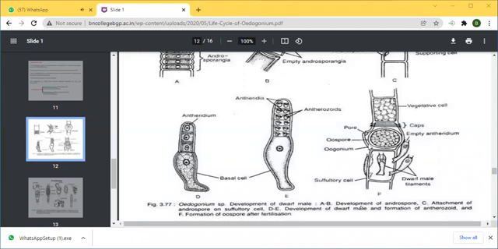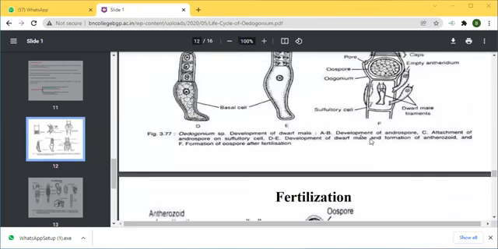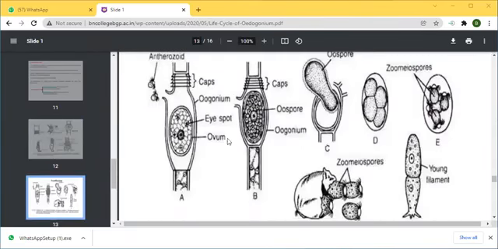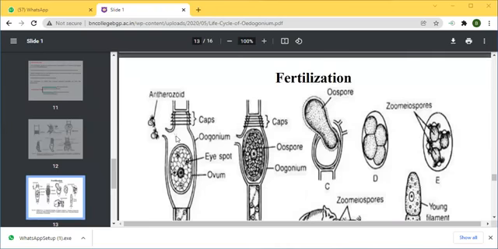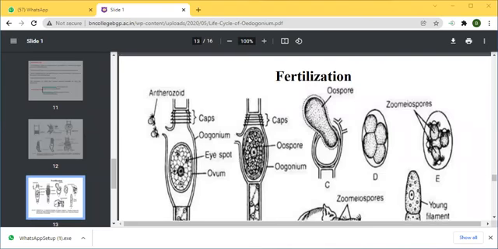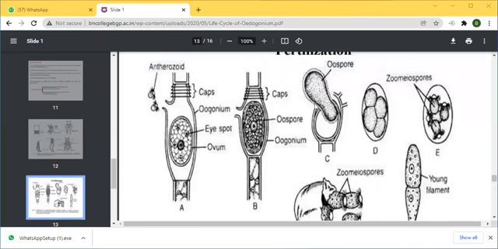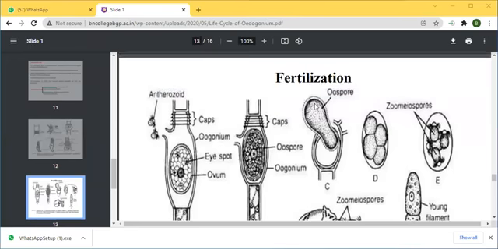The male reproductive organs, the dwarf male, are near the oogonium, and the antherozoids enter the oogonium, and after fertilization the zygote is formed. That is the oosphere.